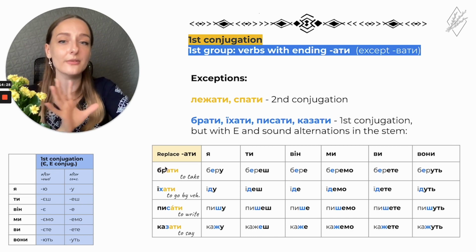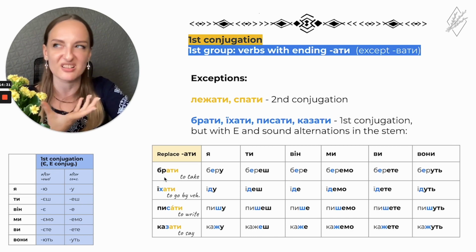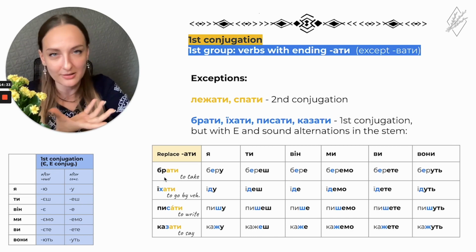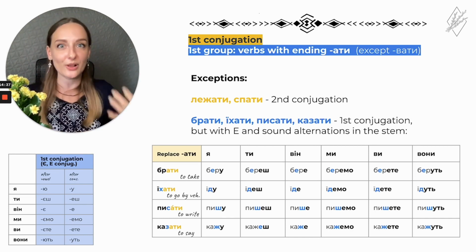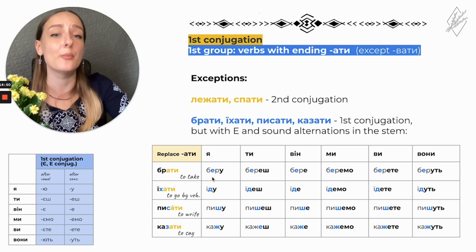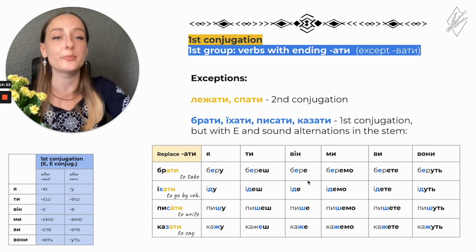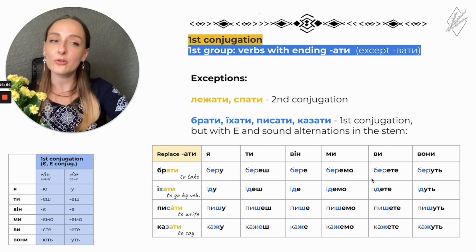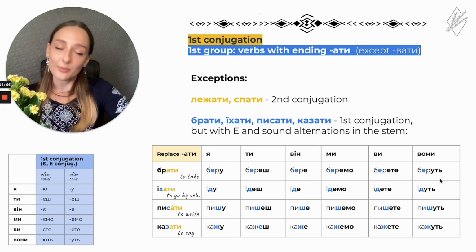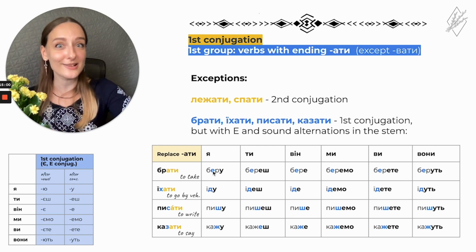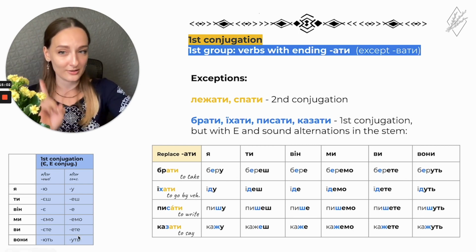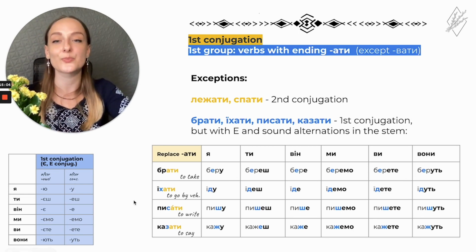Here only бр will be left, бр. Difficult to say, right? That is why we add an additional vowel in order to sound more melodic. And so we will say я беру, ти береш, він бере, ми беремо, ви берете, вони беруть. Right? So we add this additional е into the stem and use this second set of endings.